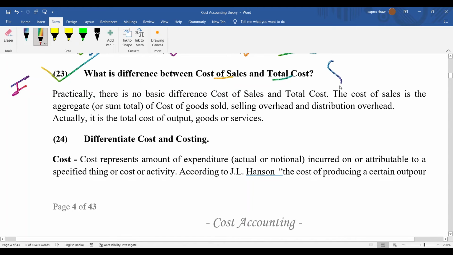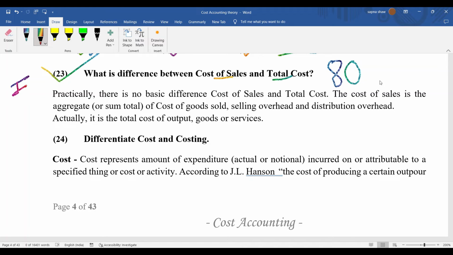So if we have spent 80 rupees out of 100 rupees to prepare the cookies, then it is called cost of goods sold. That means the goods which we are selling to the customer, what is the exact cost we have incurred.